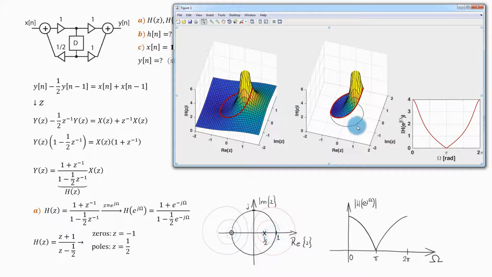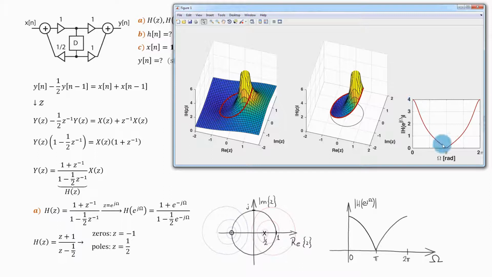Here I have removed the plot of the magnitude of the transfer function outside the unit circle, so you can see it a little bit better. This is the unit circle, and these are the values of the magnitude of the transfer function above the unit circle. So this is my amplitude frequency characteristic.